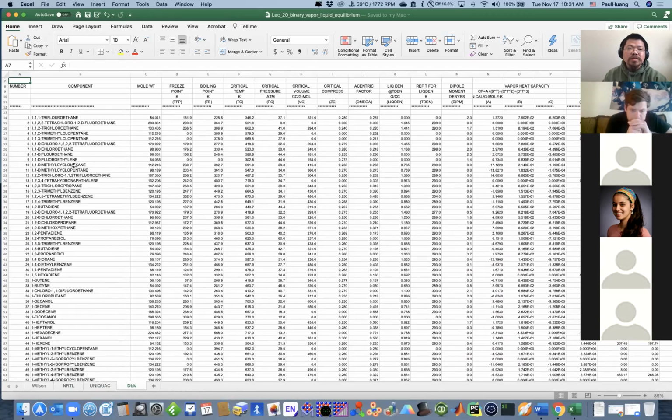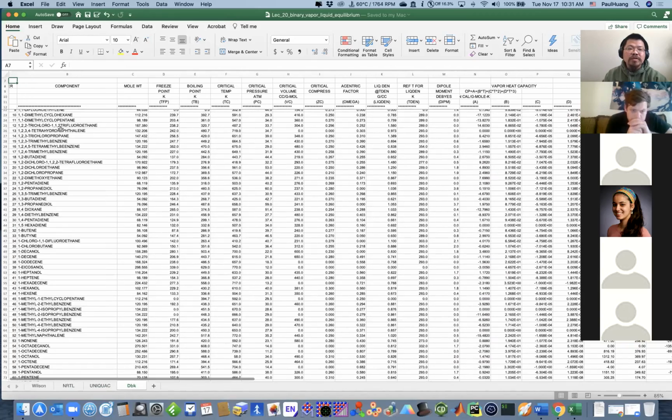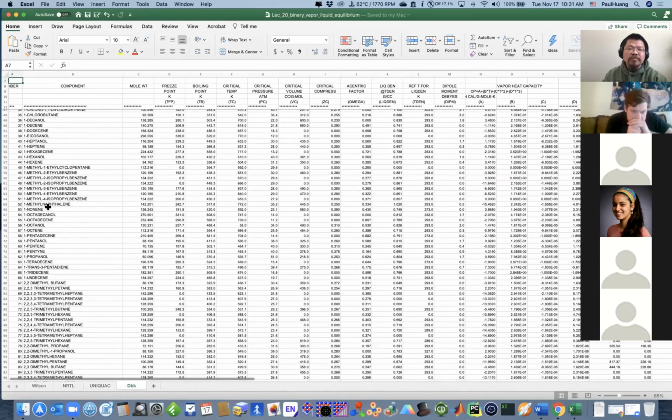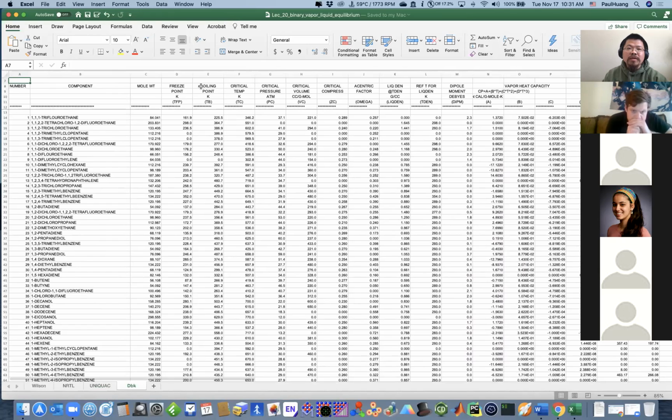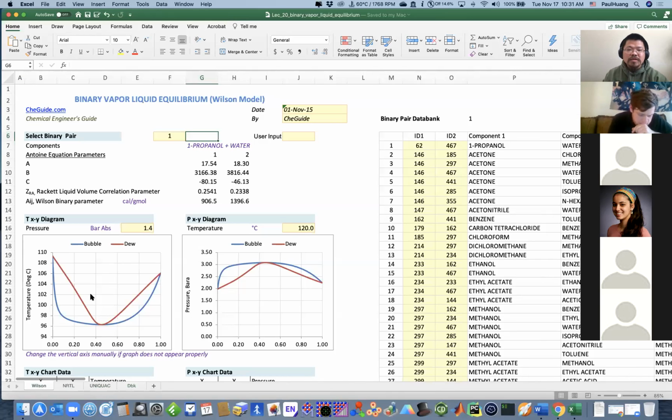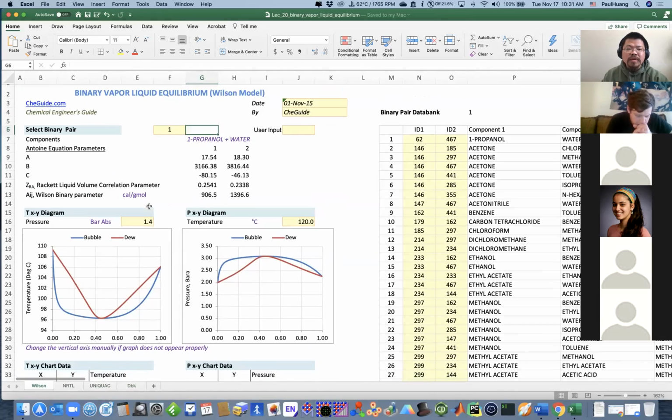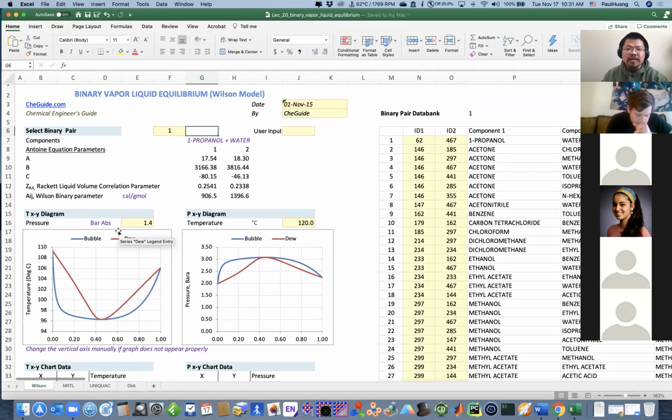If you are dealing with mixtures out of that database, then the boiling point, freezing point, critical properties, the omega value, and so on, and the Antoine equation values should be available to us. So you can see that it's sort of straightforward, and it's very nicely prepared.